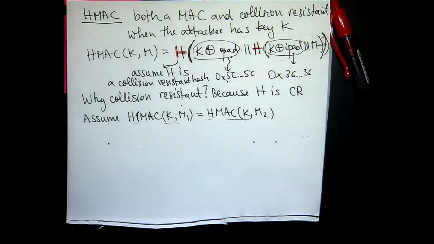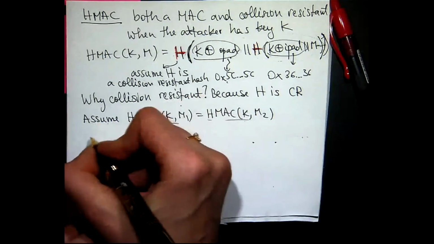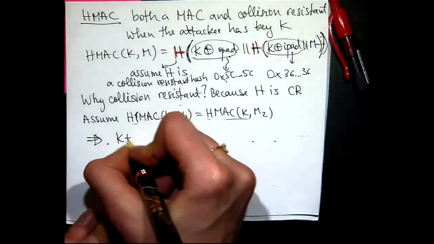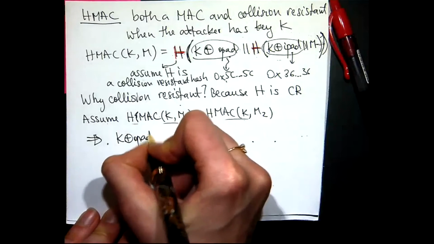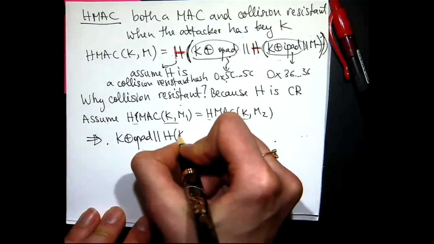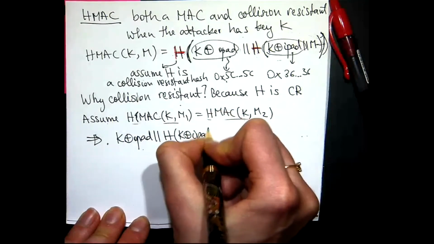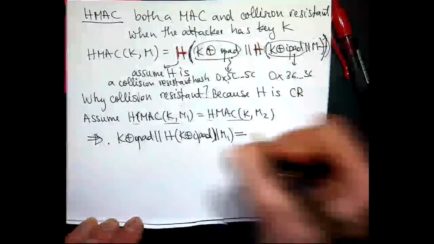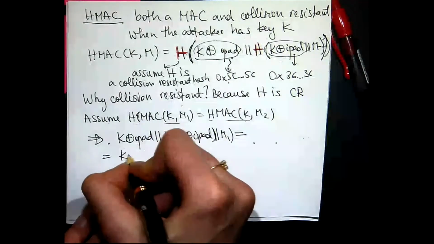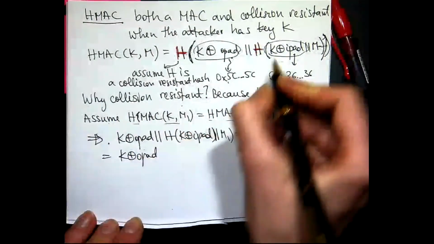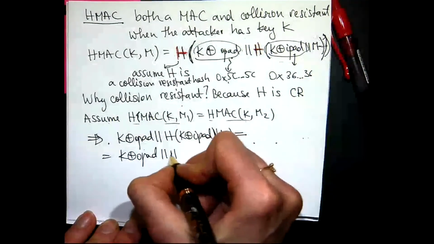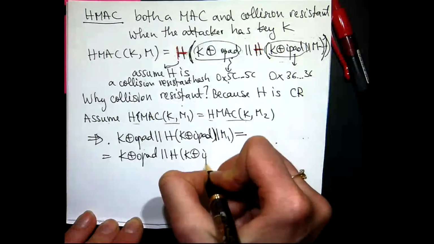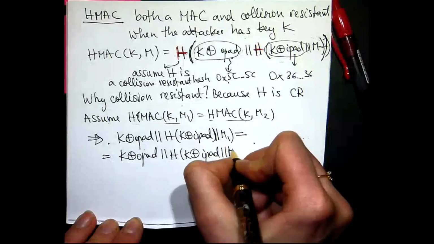And we assume that there isn't a collision in the hash function. So this implies that key and the OPAD, concatenated with the hash of key and the iPad, concatenated with M1, is equal to key and OPAD, concatenated with the value from the second message, key and iPad concatenated with M2.